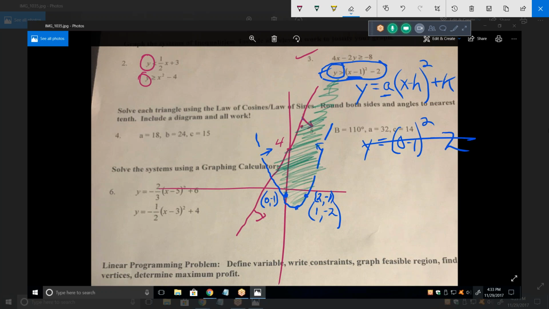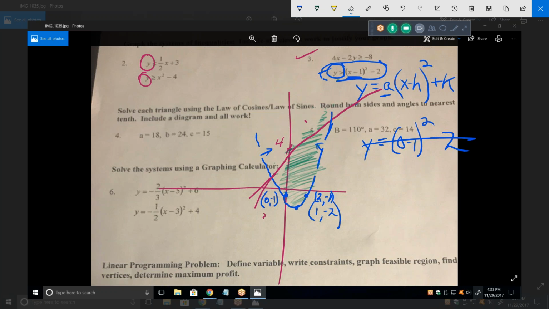Let's see if I can do it without wiping out everything. I don't have to change it much. And now the blue line intersects in two spots, and we don't have any of that.